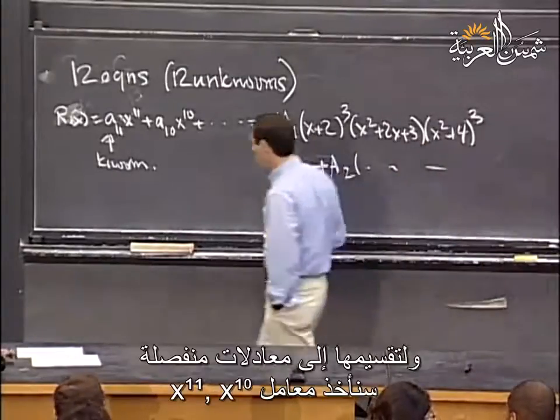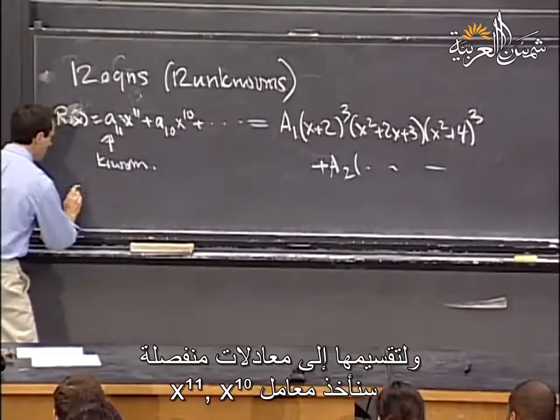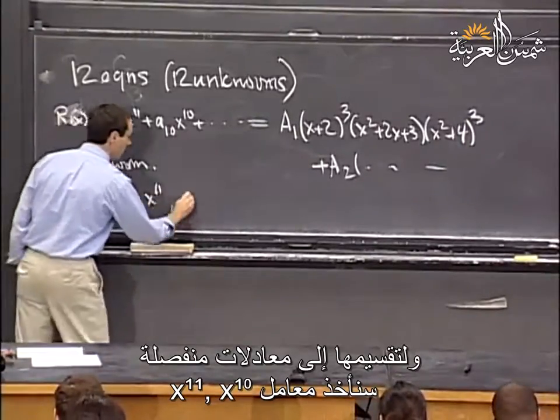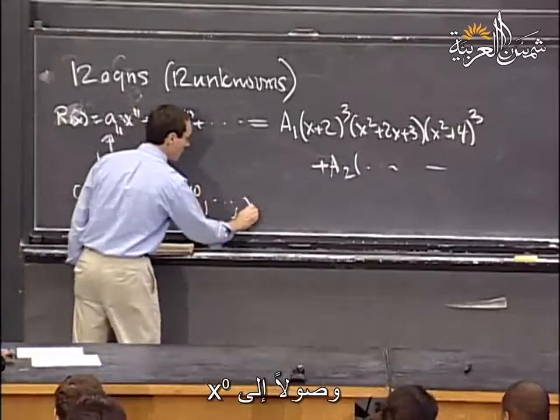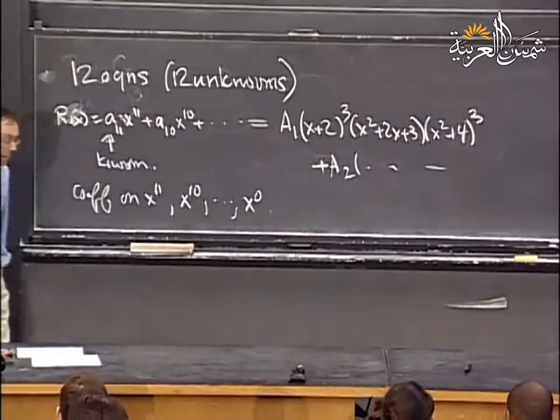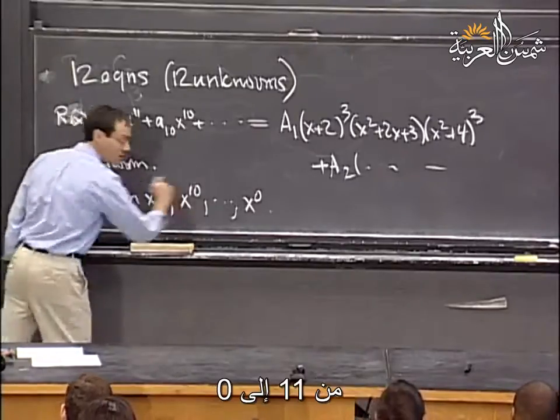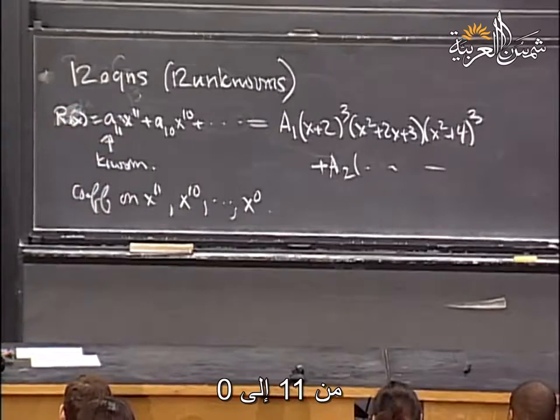And then to separate it out into separate equations, you take the coefficient on x to the 11th, x to the 10th, all the way down to x to the 0 power. And all told, that means that there are a total of 12 equations, right? 11 through 0 is 12 equations.